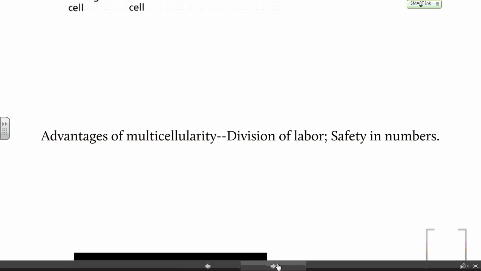If you're a protist and you lose one cell in a day, what just happened? You died. It's kind of a big deal. But there's definite advantages of being multicellular. The safety in numbers aspect. Also the fact that your cells can specialize. They can divide up the work, can divide up the labor, and become more efficient over time.